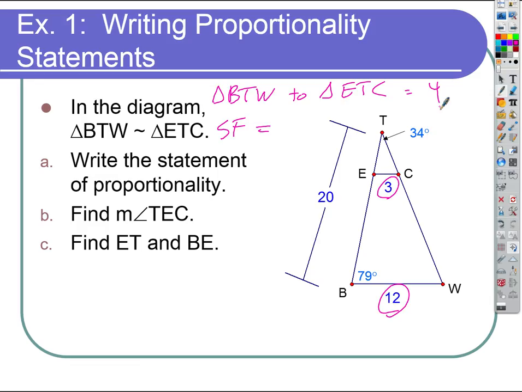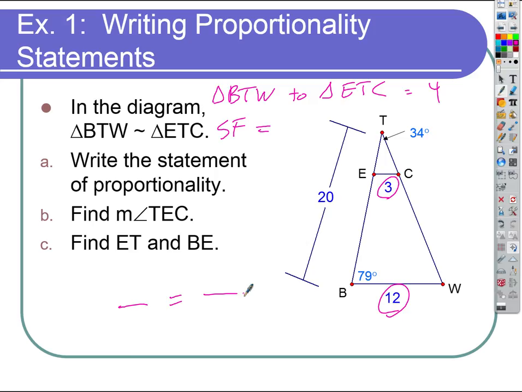So if we want to solve for TE, or ET, what's the proportionality that we're going to set up? Help me out here. When we're dealing with similar figures, we solve for unknowns by setting up proportionalities, or proportions. Okay, so Gabe, what are we going to set up? We're going to say something's equal to something. Smaller triangle is a fourth of the bigger one. Okay.